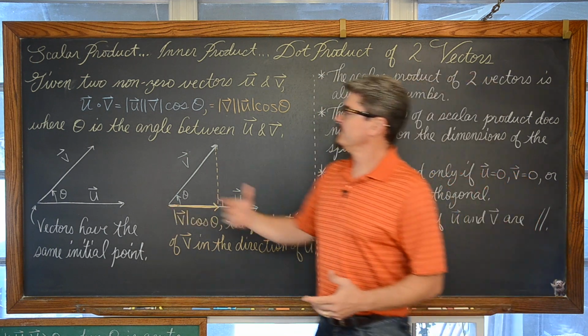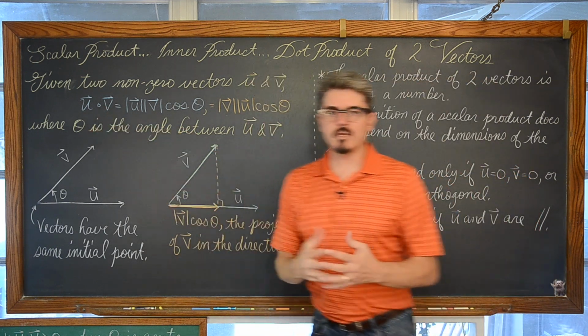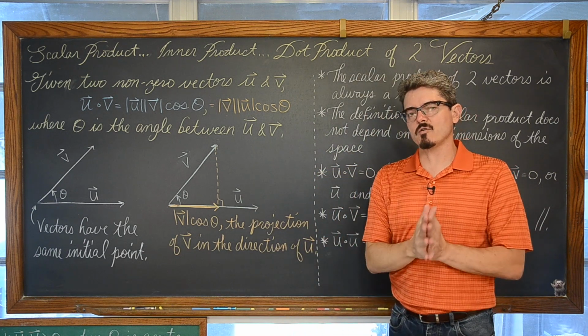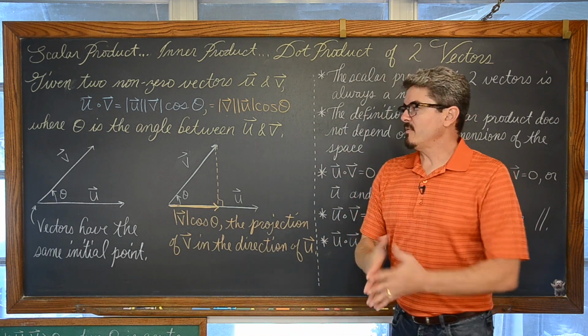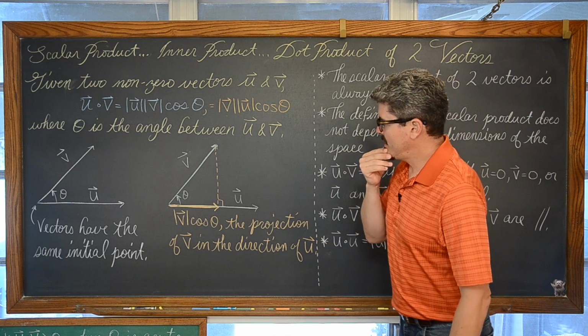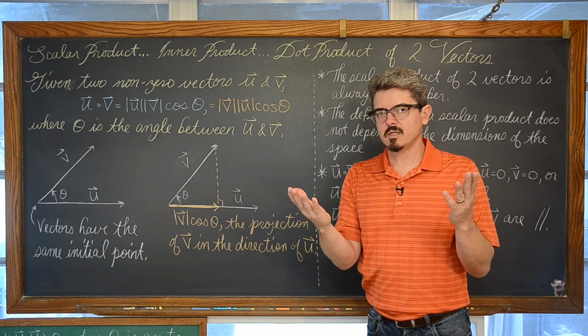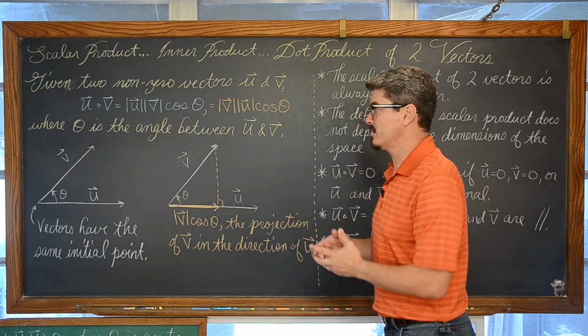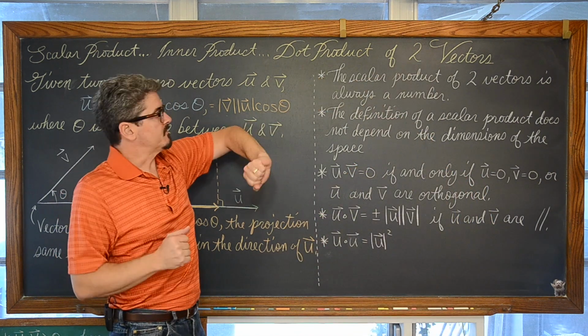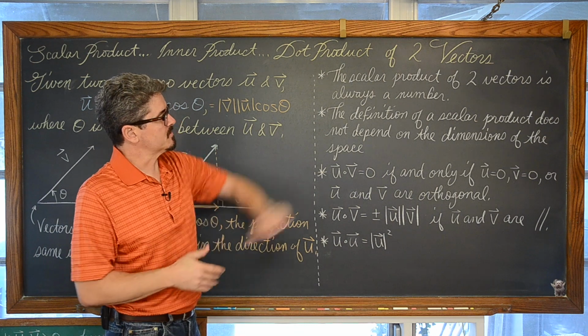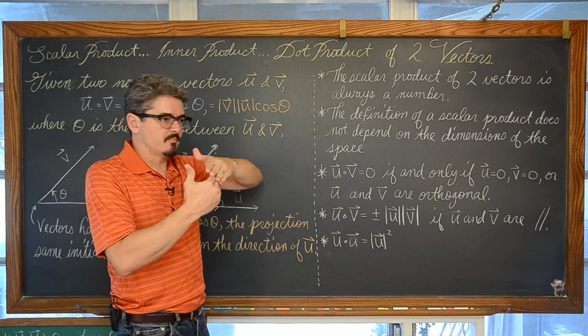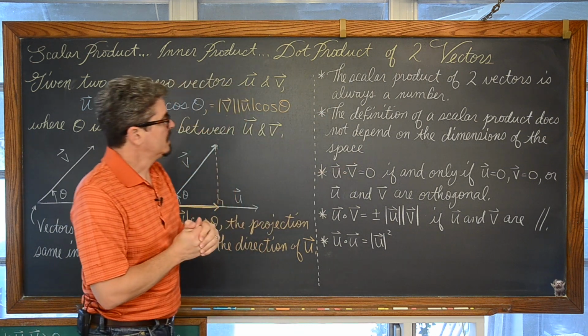So when you take a dot product or scalar product between 2 vectors, you always get a numerical value. That value is basically multiplying the magnitudes of 2 vectors that are going in the same direction. The scalar product of 2 vectors is always a number.